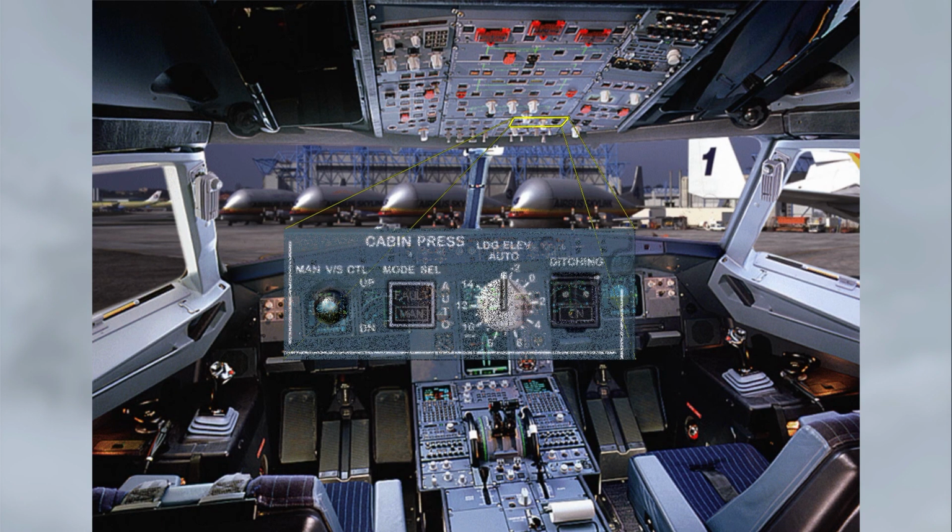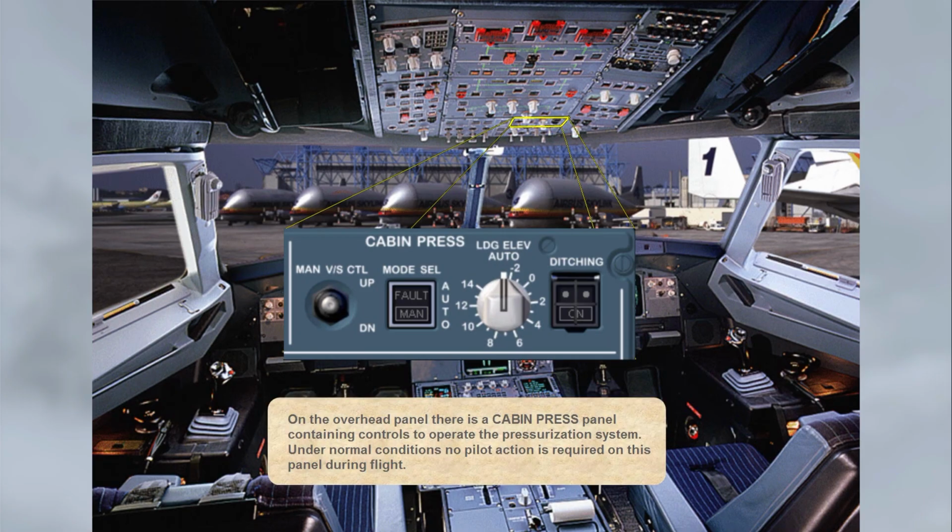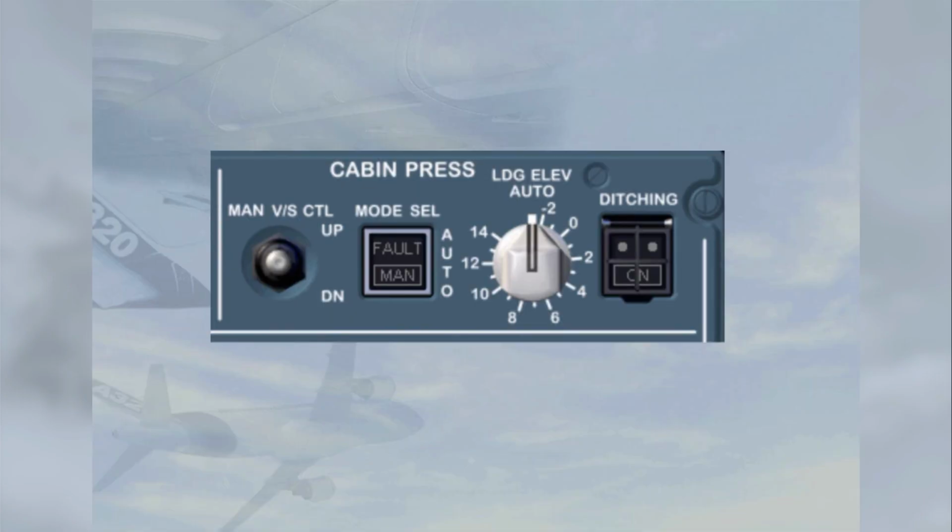On the overhead panel, there is a cabin pressure panel containing controls to operate the pressurization system. Under normal conditions, no pilot action is required on this panel during flight. The pressurization mode select switch has two settings: automatic and manual.